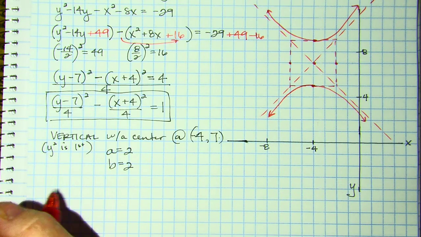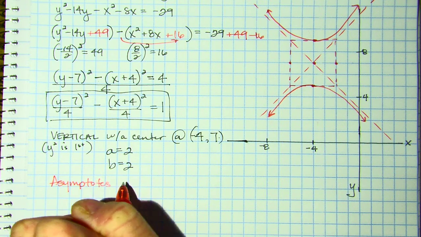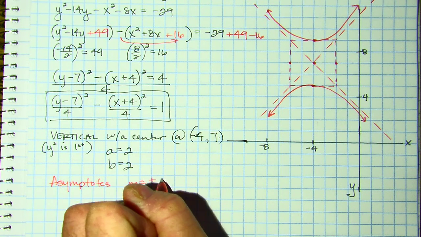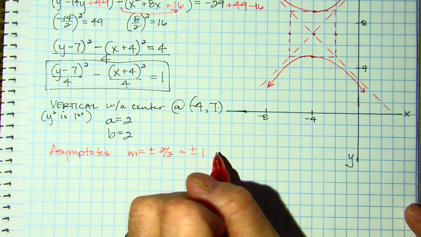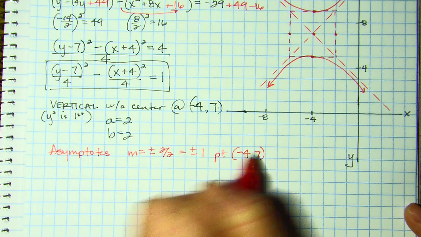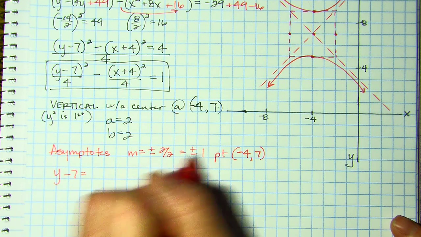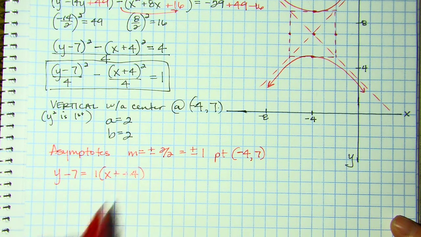So for my asymptotes, my slope is plus or minus 2 over 2, which would be plus or minus 1. And the point they both go through is the center. So I have to use y minus 7 equals, let's start with positive 1, 1 times x minus a negative 4, which will be plus.